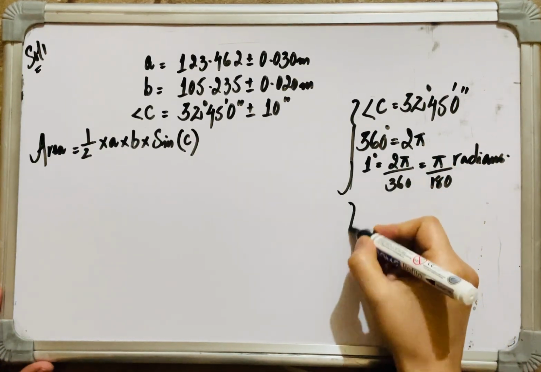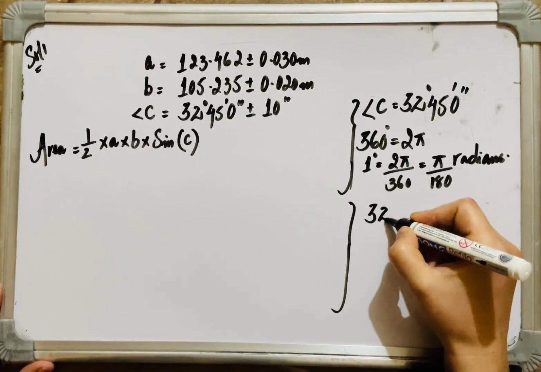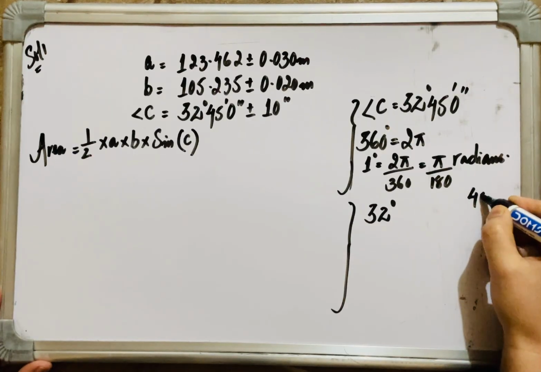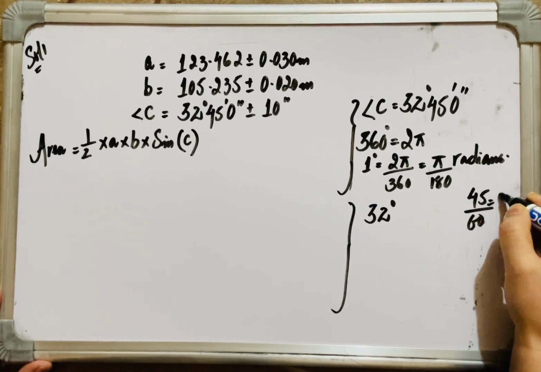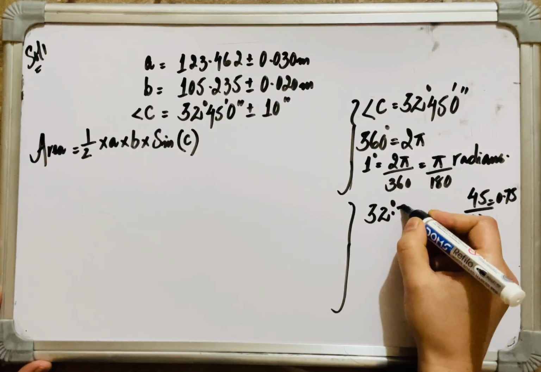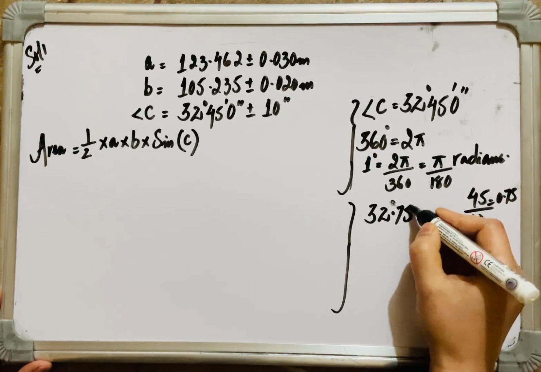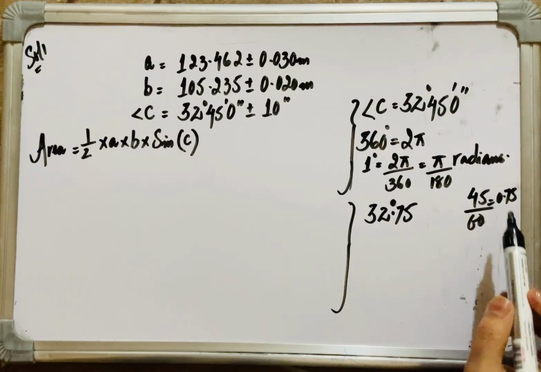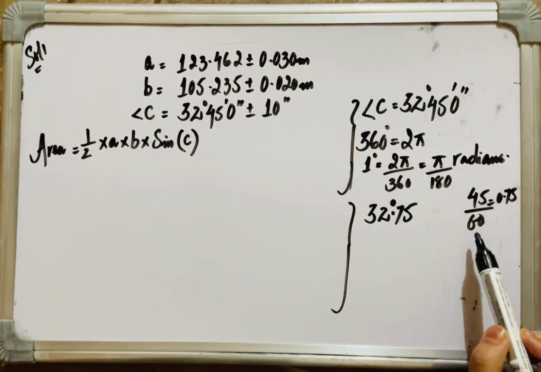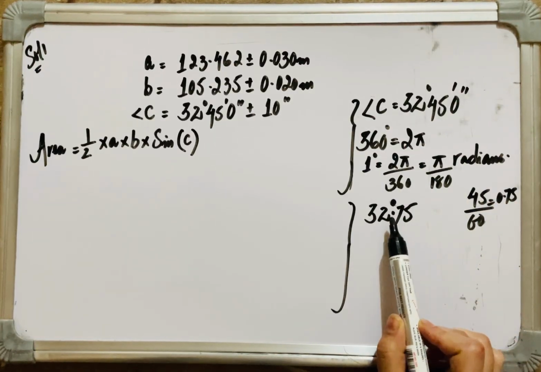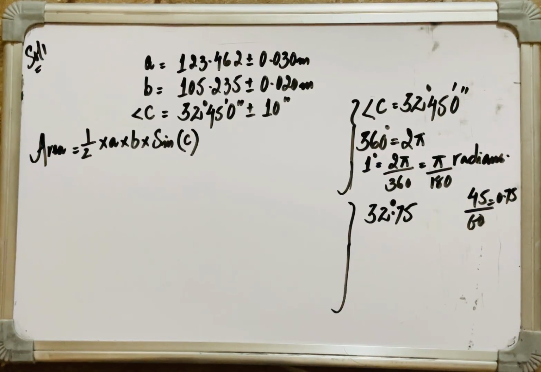Let me convert this angle first. This is 32 degrees and 45 minutes. That means 45 by 60, that is 0.75, so it is 32.75 degrees. Now I'll convert this 32.75 degrees into radians.